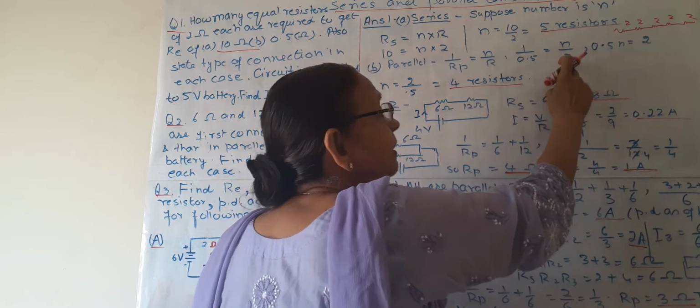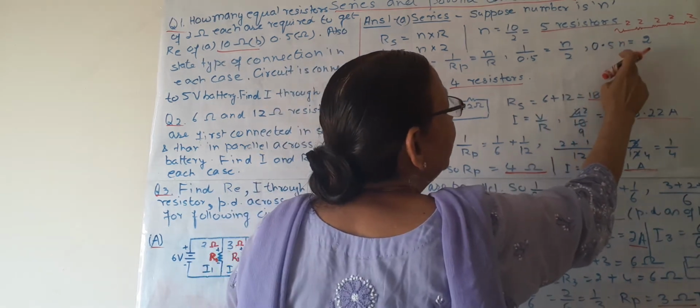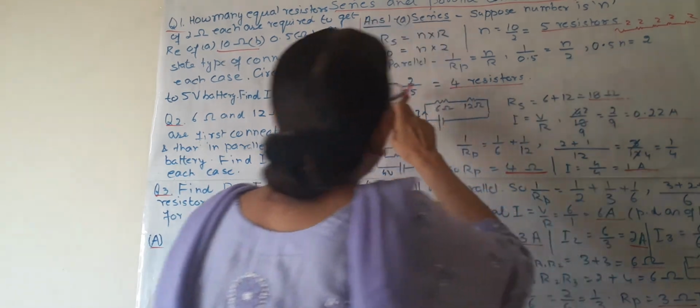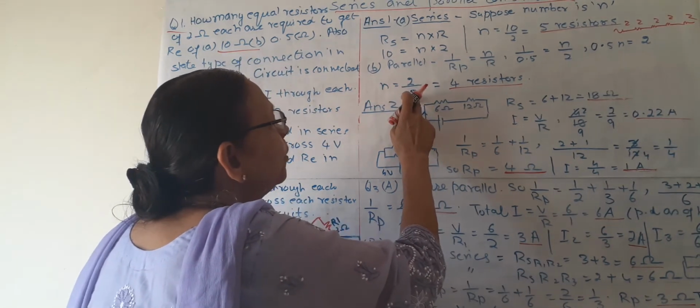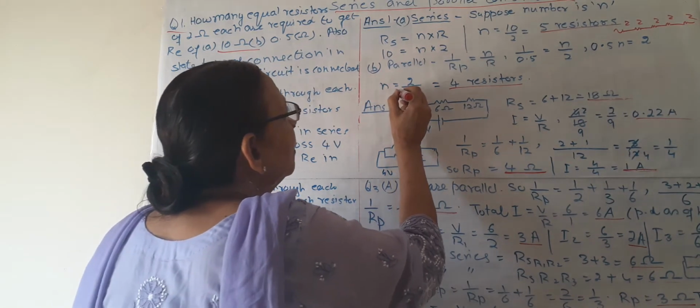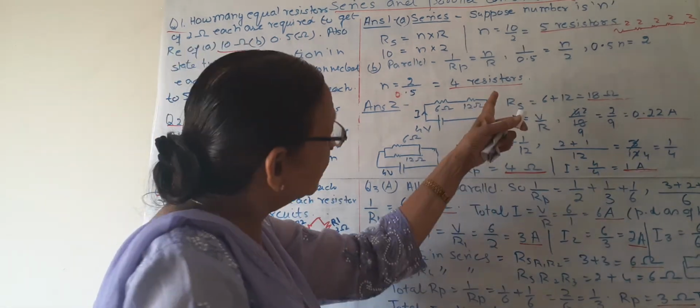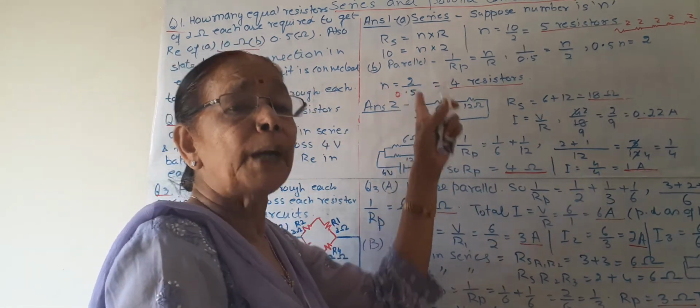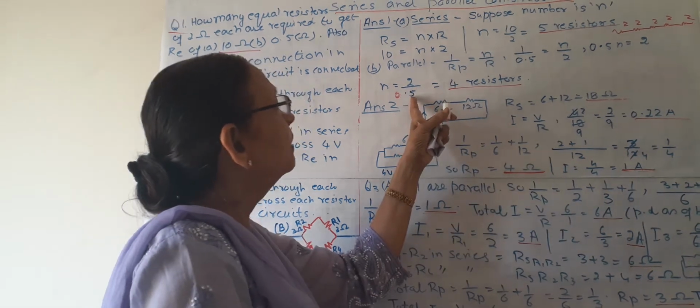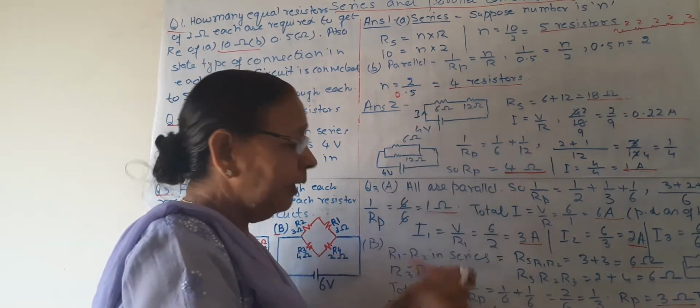This 2 is the single resistance. So 0.5N will be equal to 2, or N is equal to 2 upon 0.5, or it comes to 4 resistors. So if 4 resistors are joined in parallel, then we will get the total resistance as 0.5.